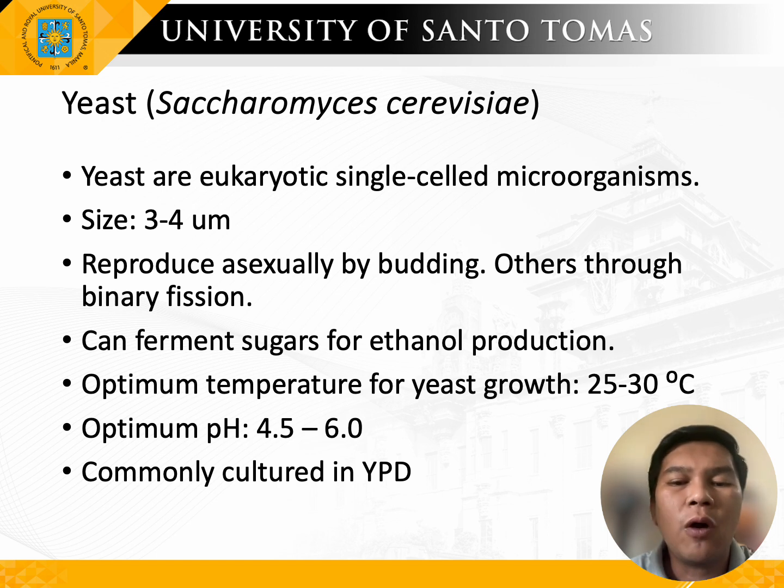The optimum temperature for yeast is around 25 to 30 degrees Celsius. The optimum pH is 4.5 to 6, and it is commonly cultured in YPD. YPD media is yeast extract, peptone, dextrose. So it's a combination of the yeast extract, the peptone, and of course the dextrose in a media. You can actually have this in solid or liquid media.